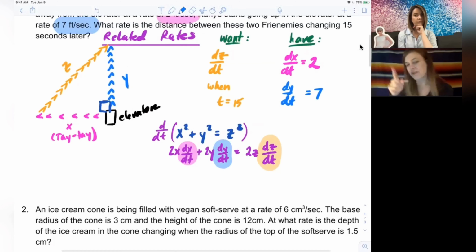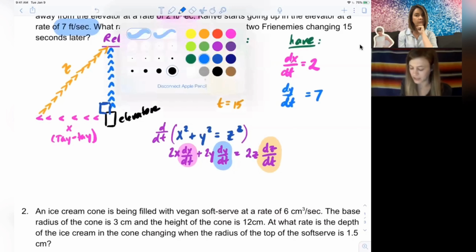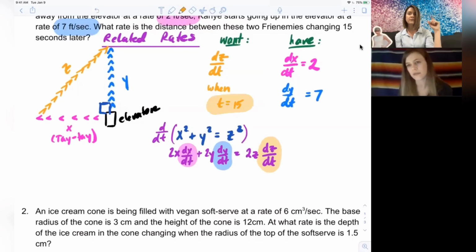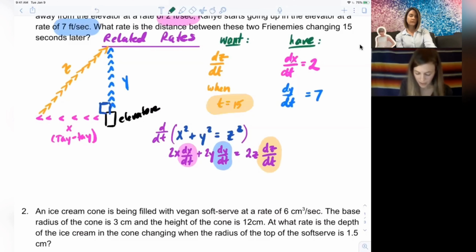Now, one piece of information we haven't used yet is that t is equal to 15. Right, that's the little snapshot moment. Exactly. So you tell me, at t equals 15, how far has Taylor walked?